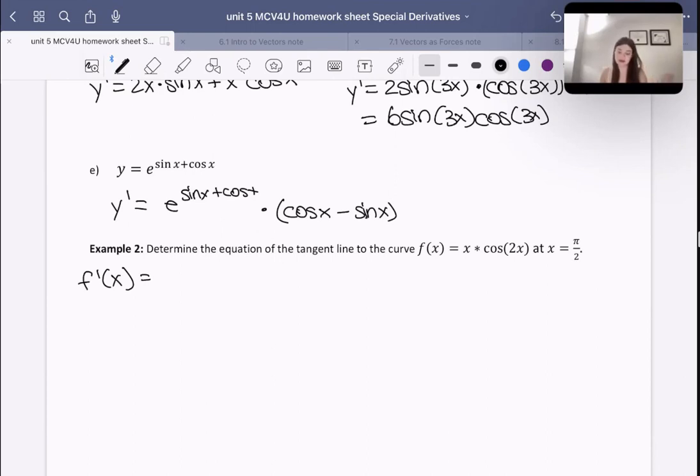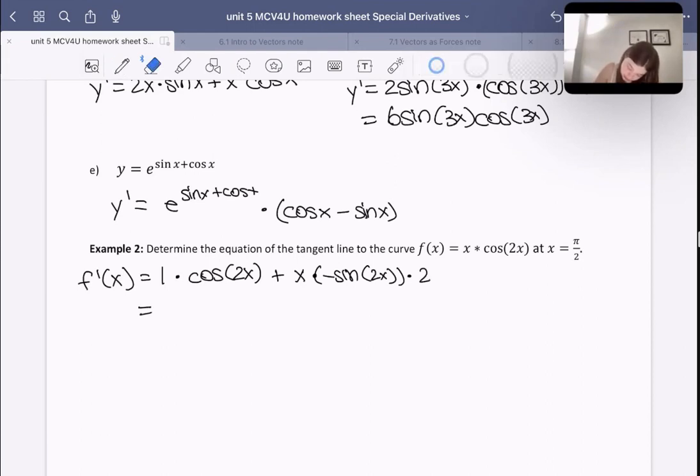We must use the product rule to solve it. So derivative of the first one, which is x, right? Derivative of x is just 1 times our second one, cosine 2x, plus the first one, which is x, times derivative of the second one, which is negative sine 2x times 2.